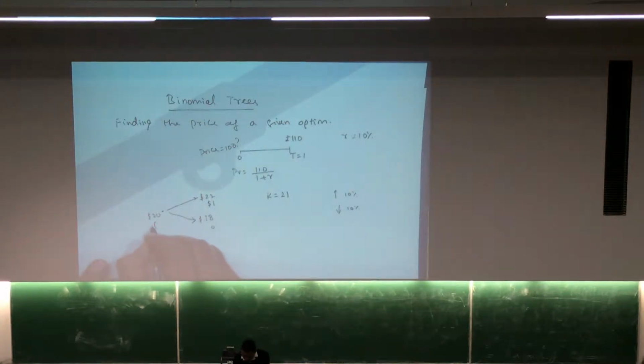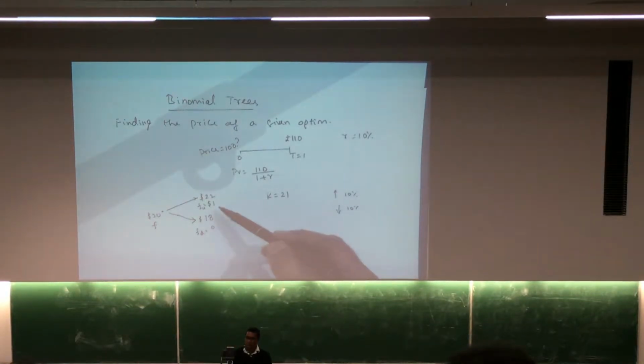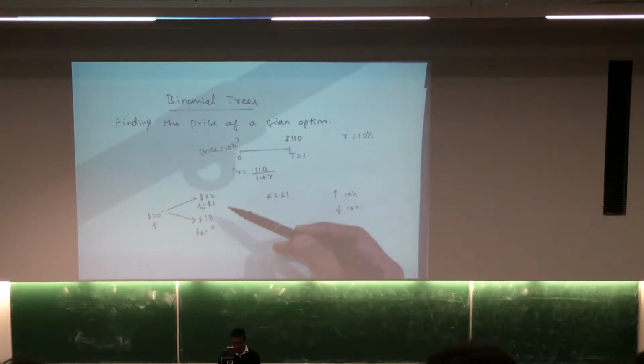So we are interested in finding out the value of the option. Let us say that the value of the option when the stock is going up, I just note that as FU. FD is, this is a notation actually. F represents the value of the option. You understand that the value of the option in the first scenario is 1.